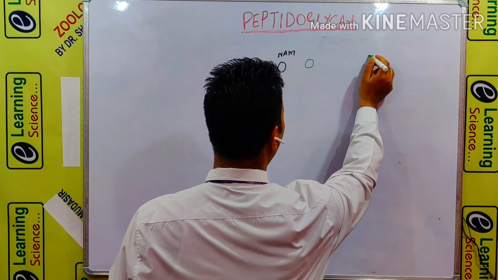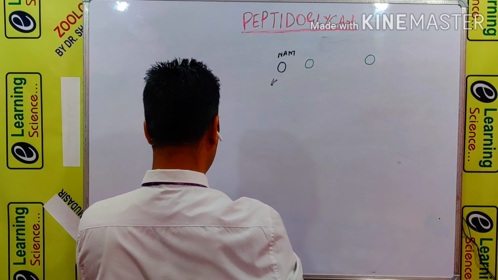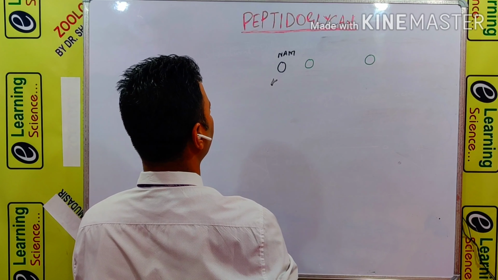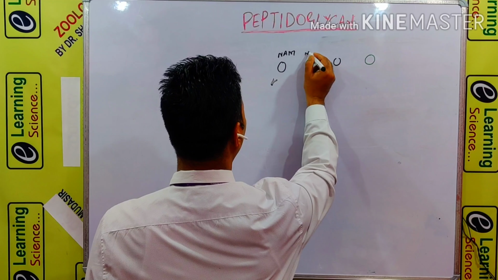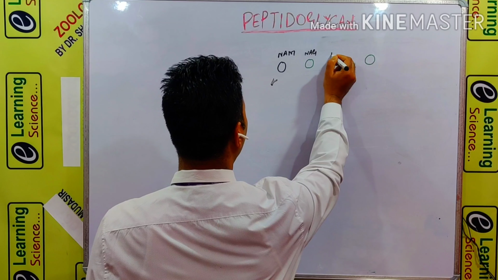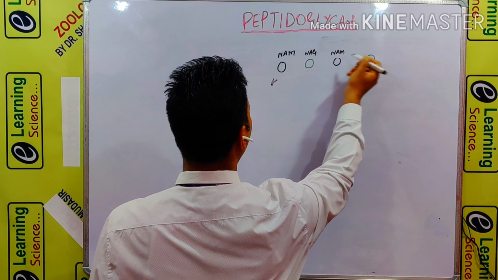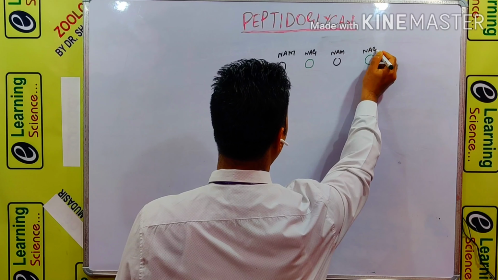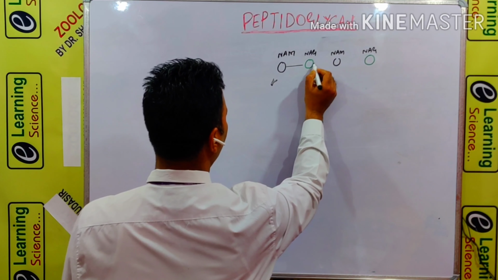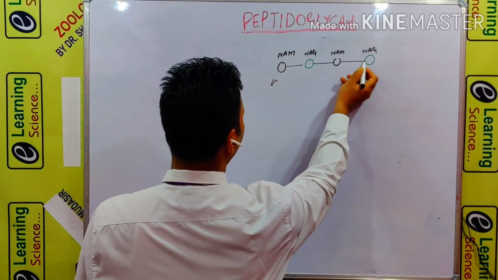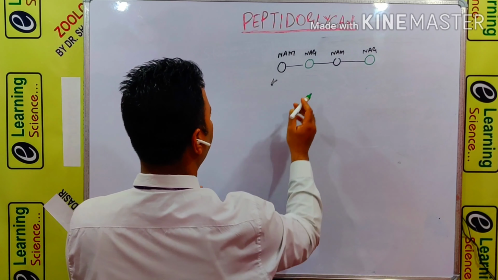Similarly, we will have N-acetylmuramic acid, then N-acetylglucosamine, again N-acetylmuramic acid, and again N-acetylglucosamine. These are repeating units. This is a polypeptide chain, and here also we will have the same thing.